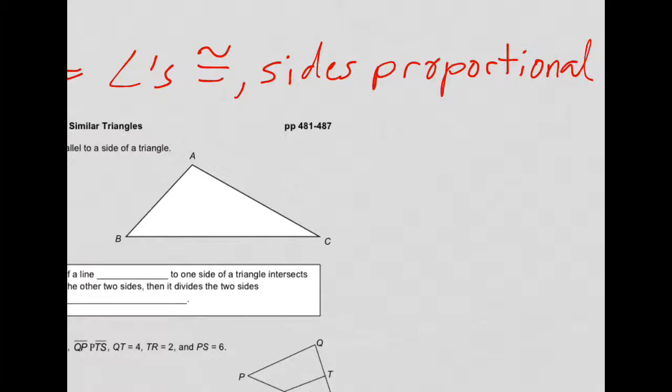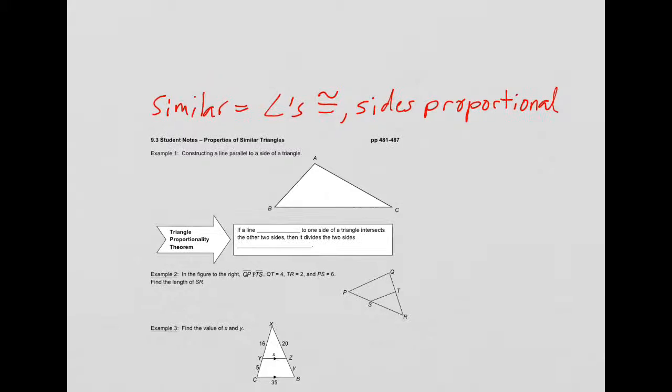The angles are congruent and the sides are proportional. So let's take a look at example 1.